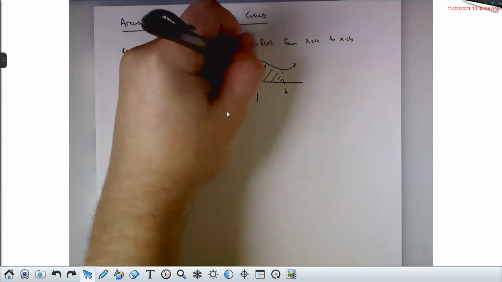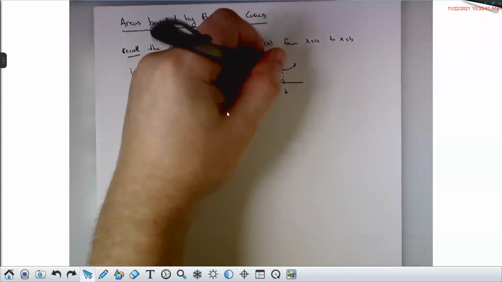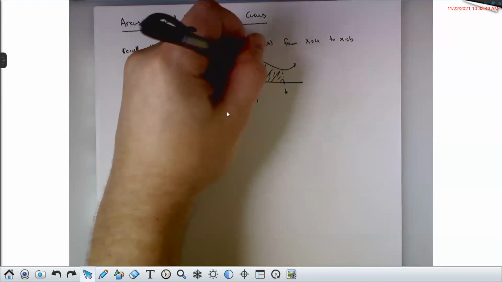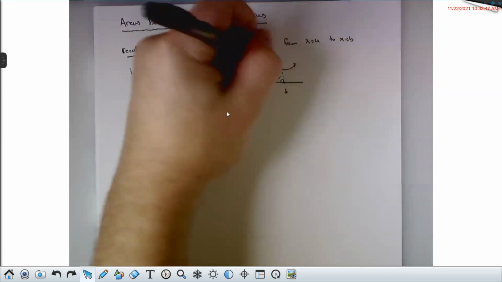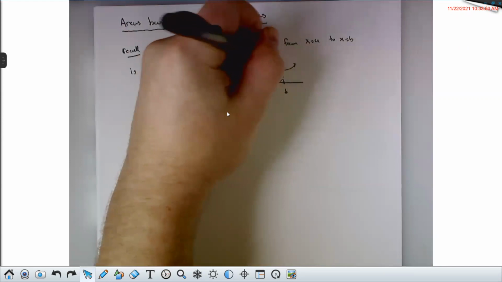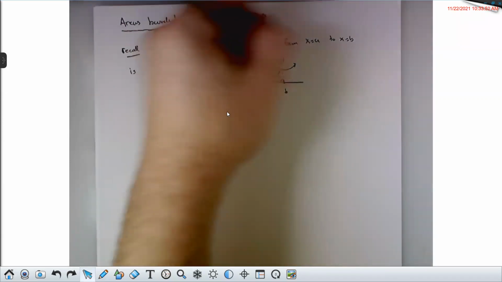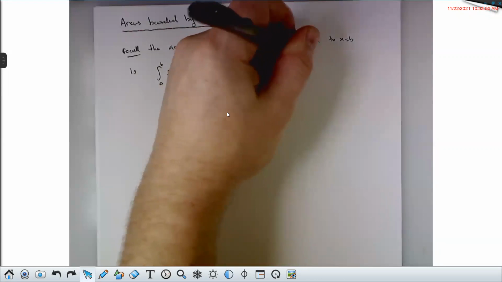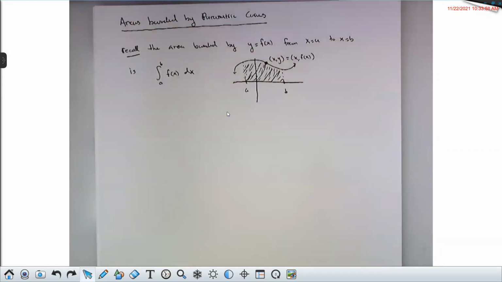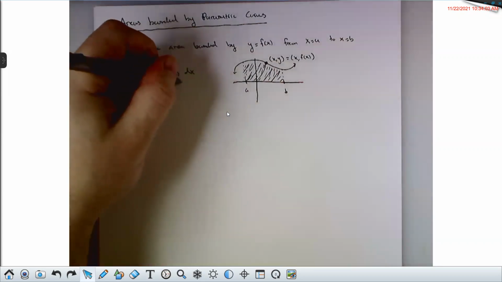Well, we did this a lot at the beginning of the semester. And we saw this in Calc 1 as well. Remember that the point here, x comma y, is the point x comma f of x. So in other words, f of x is y.